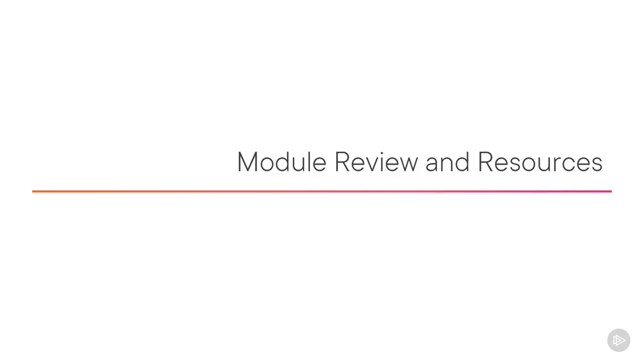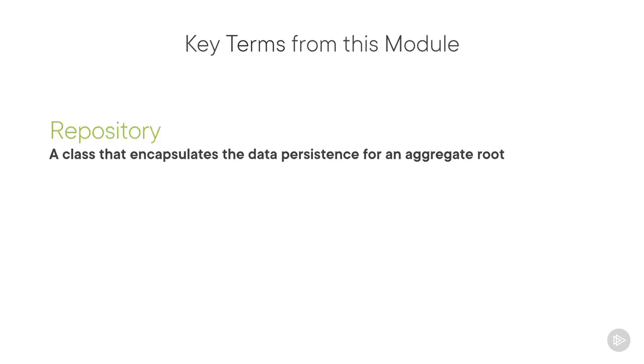Once again, let's begin our review with some of the important terms you learned in this module. First, and most importantly, the focus of the module, repositories, which encapsulate the data persistence logic: add, update, delete, and retrieve. In the case of domain-driven design, we use repositories to focus on aggregate roots.